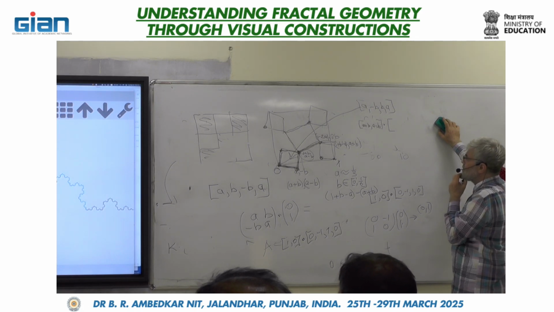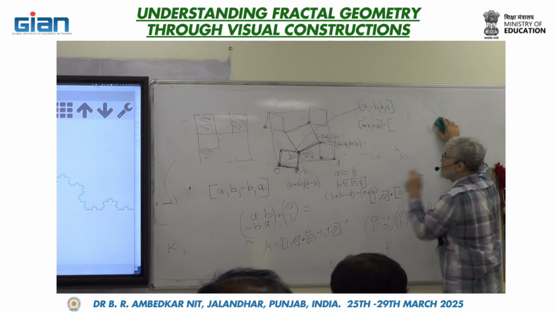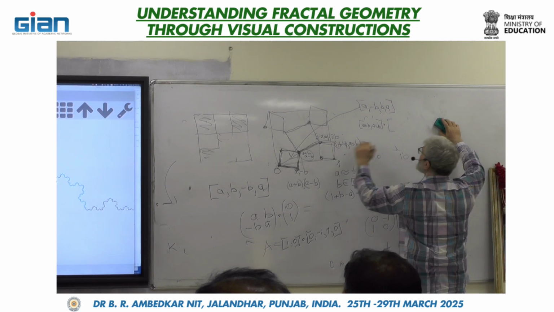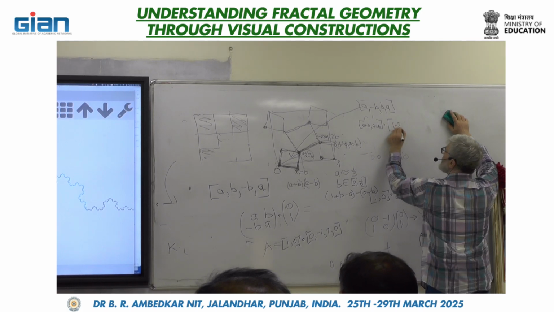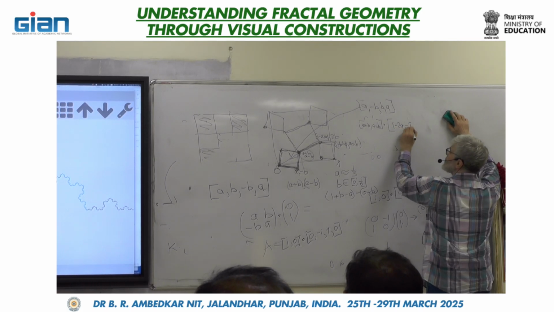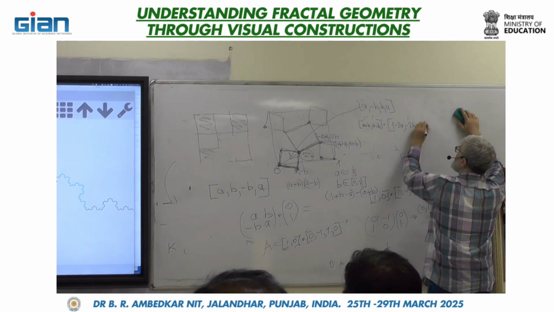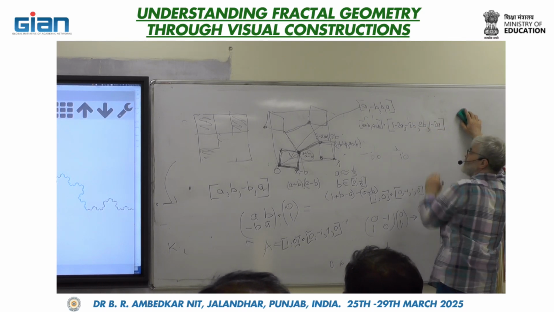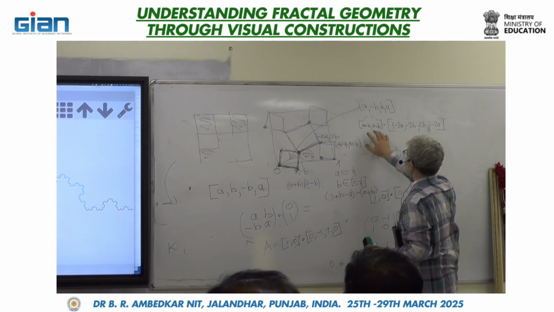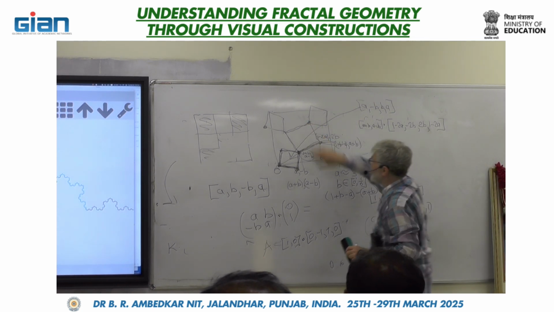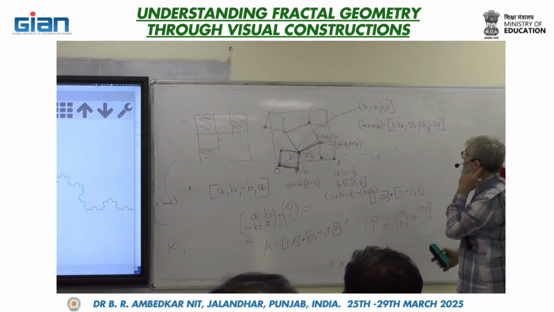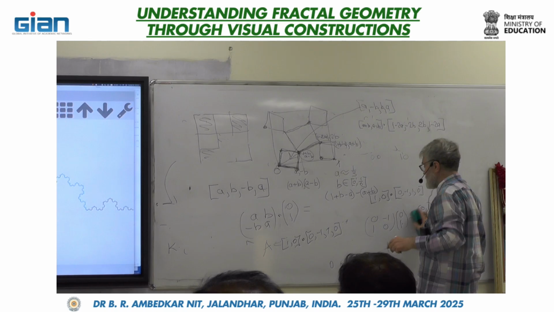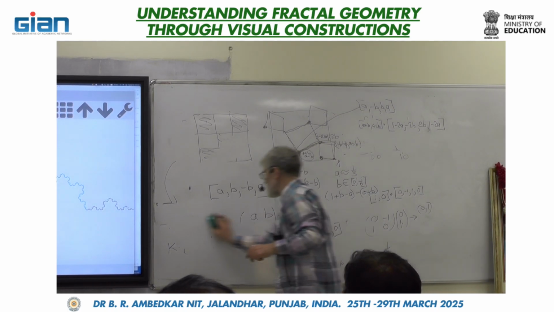Multiplied by rotation. 1 minus 2A, minus 2B, 1 minus 2A. So this map sends this square to this one. Okay. We can write the command.